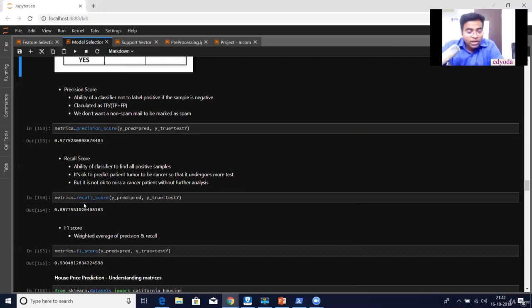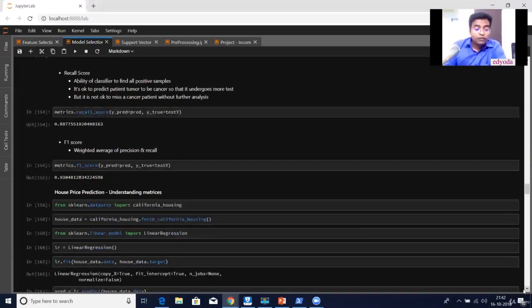Then you have the other way, which is the example that I used: if it's not okay to miss a cancer patient without further analysis, that means a patient is suffering from cancer and you're predicting him not to be suffering from cancer. That error is not okay. So in that case, you would prefer an algorithm which shows a better recall score, and this should be your criteria for choosing the algorithm. And if you want a balanced version of both precision and recall, you have the F1 score, which is a weighted average of precision and recall.